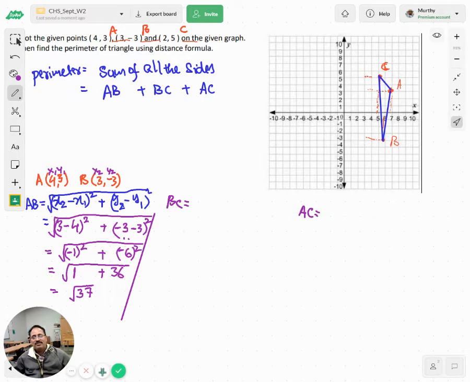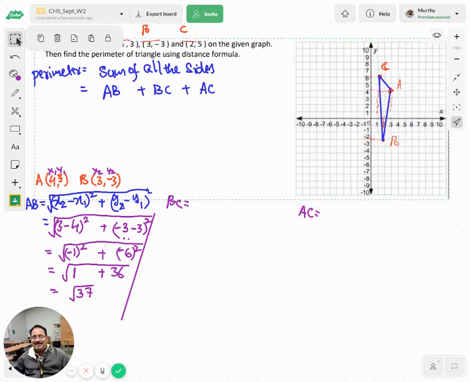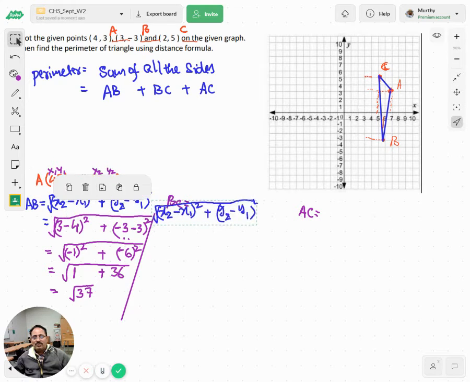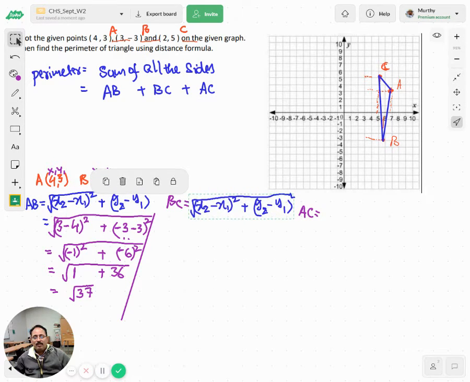For all these three, for finding the length of AB, BC or AC, we use the same distance formula, which is x2 subtract x1 whole square plus y2 subtract y1 whole square.